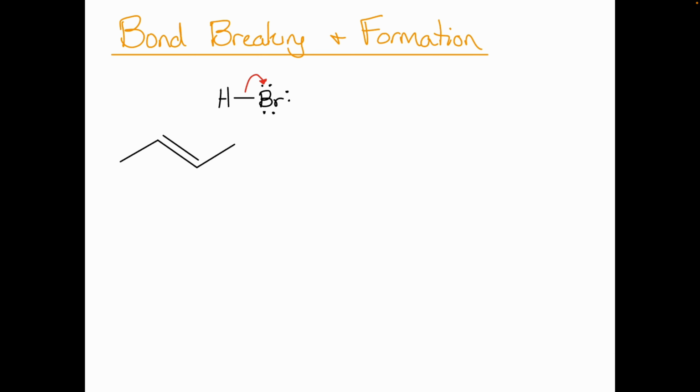But my other arrow here is going to break this carbon-carbon double bond and form a new carbon-hydrogen bond. All right, so this one here is going to break the carbon-carbon bond and form a new carbon-hydrogen bond, all in one shot.